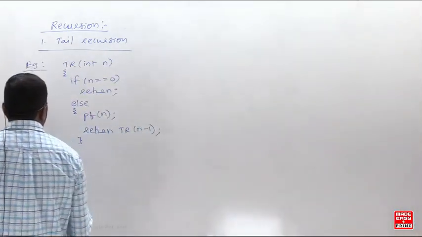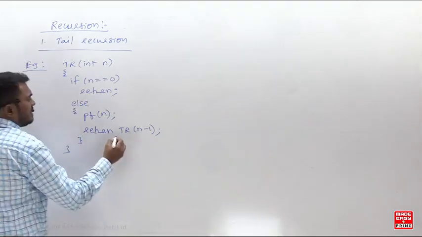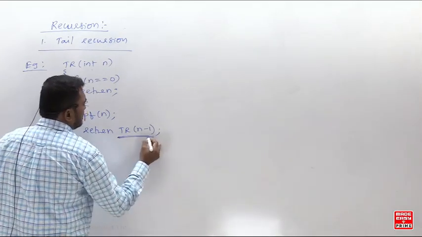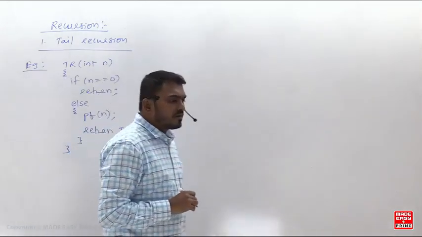Understand this. So this is the tail recursion. In the program, the very last statement is one recursive call. Then that is called as what?